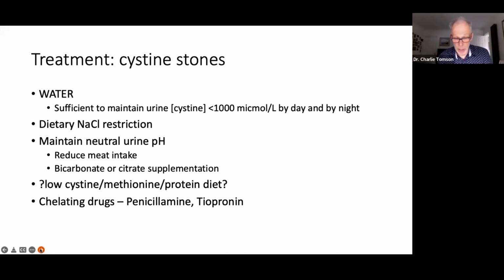And often one relies on chelating drugs such as penicillamine and tiopronin, both of which chelate cystine in the urinary space and reduce its ability to combine with itself to form cystine crystals. Penicillamine and tiopronin are both unpleasant drugs to take, which, as you know, both can cause membranous nephropathy as well as other complications in the skin and elsewhere. And so the management of these patients requires fairly intensive follow-up.